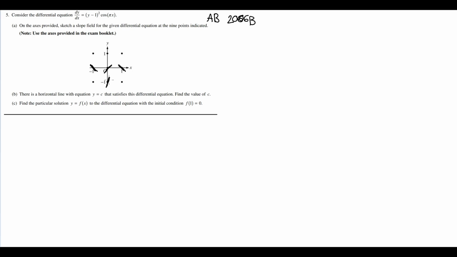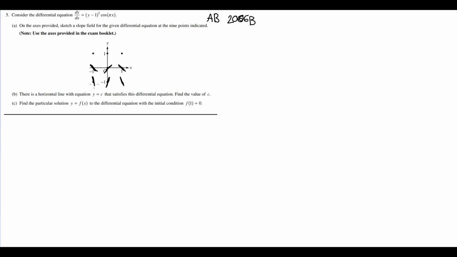At x equals 1, cosine of pi is negative 1, so negative 1 times 4 is negative 4. At (negative 1, negative 1), it will be the same, because the cosine of negative pi is negative 1.